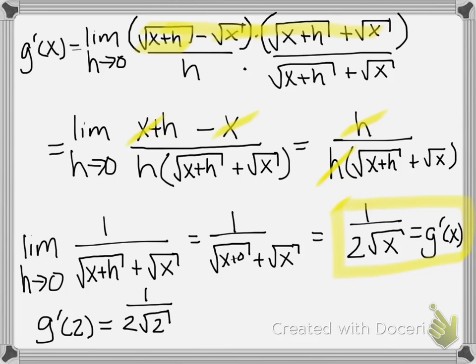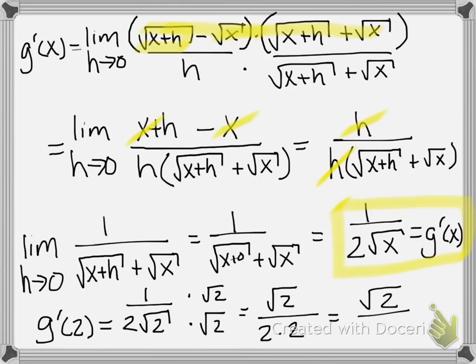And if you wanted to clear out the bottom, if you didn't want a radical in the bottom, you could just multiply the top and bottom by the square root of 2. So that would be equal to the square root of 2 over 2 times the square root of 2 times the square root of 2, which is just going to leave you with 2. So that would be equal to the square root of 2 over 4.